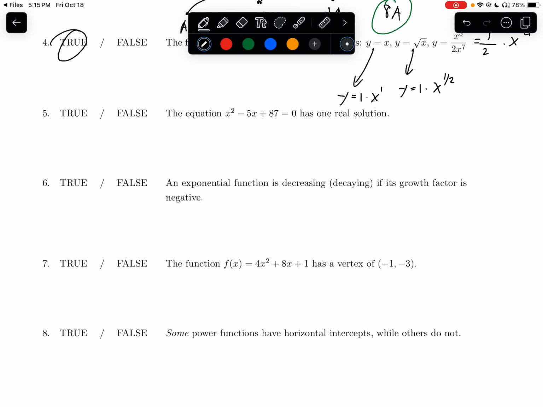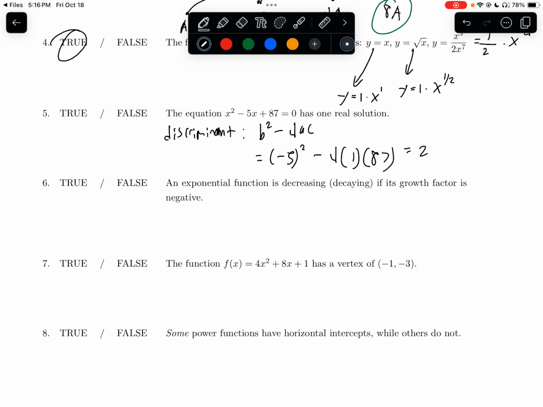This equation has one real solution. So this is asking you to find the discriminant. I guess it's implicitly asking you to find the discriminant. You could try to solve it, but then if it doesn't have a solution, then you've kind of wasted some time here. So to do the discriminant, you would do b squared minus 4 times a times c, and b is negative 5, so b squared is negative 5 squared, minus 4 times a, which is 1, times c, which is 87.